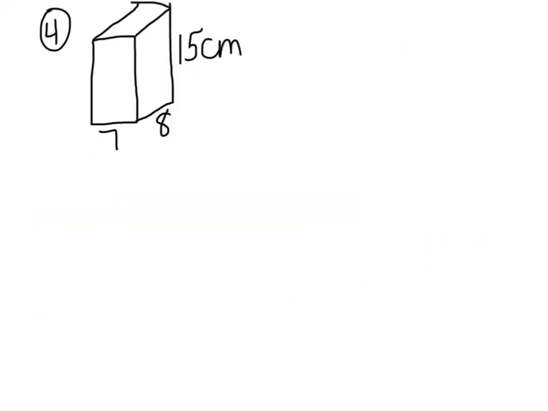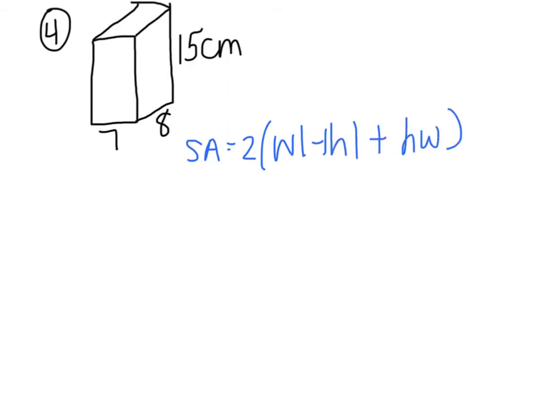Now, these next three, I want you to see if you can try them on your own. So pause it, see if you can get the answers by yourself, and then come back and check your answers with me. So I'm going to go ahead and start. Surface area equals 2 times length times width plus height times length plus height times width.